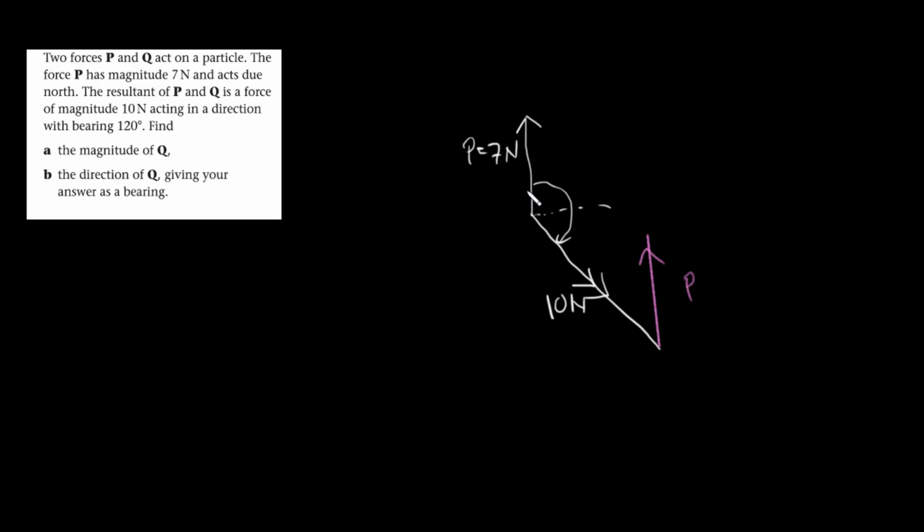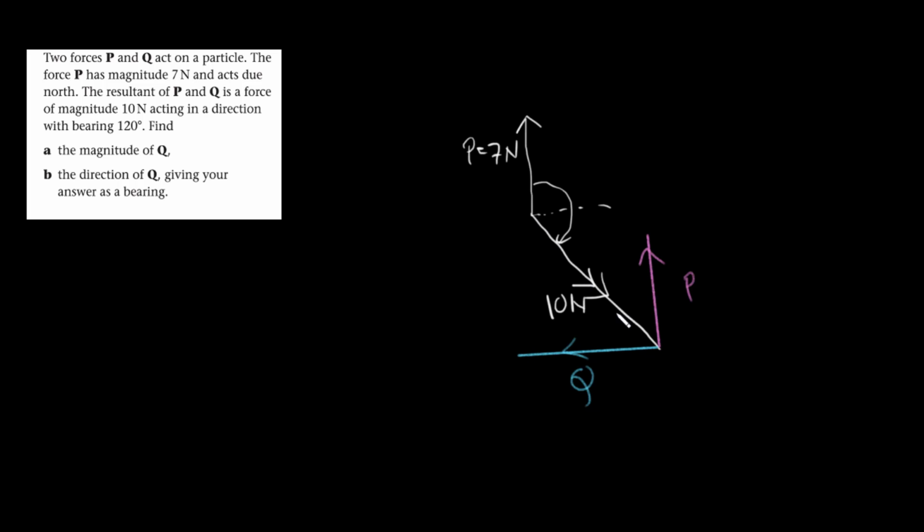So where can the force Q be? We can just assume that the force Q is somewhere around here. We don't know in which direction Q is going, but since this is P, the other one is going to be in that direction. So we say this is the force Q.